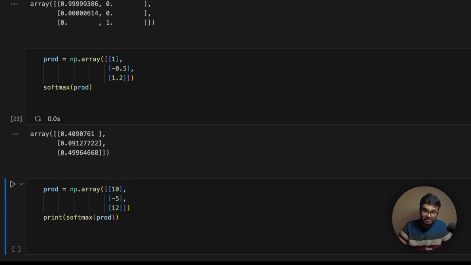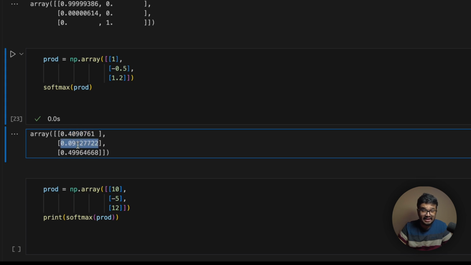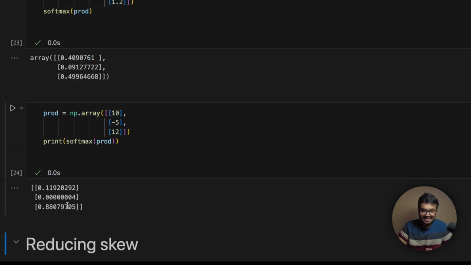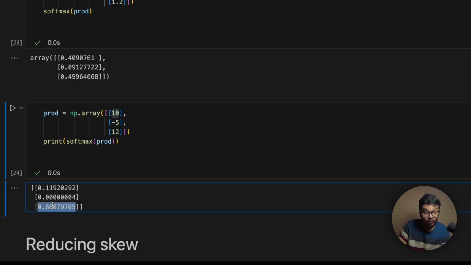If we did the softmax of that, you'll see that the distribution is quite well spread out. It's not heavily biased towards anything. But if we had the same numbers and just multiplied everything by 10, suddenly you'll see that even though this number is 12 compared to that 10, after running softmax it's 88% compared to only 11.9% for 10.